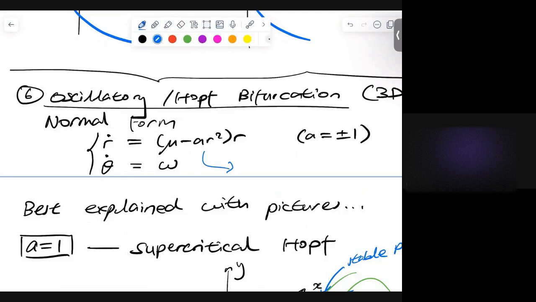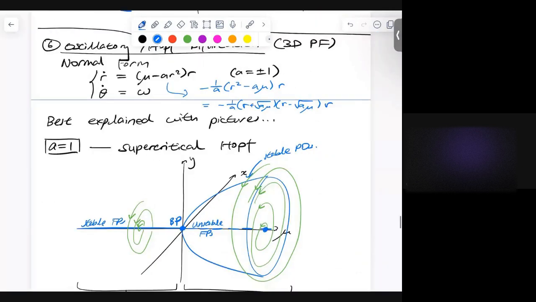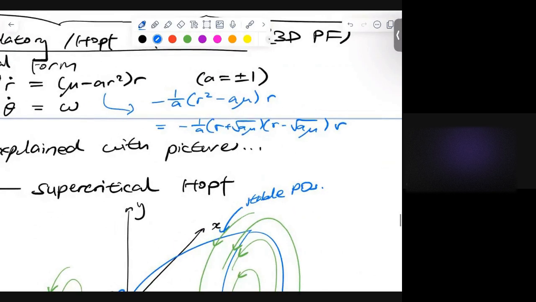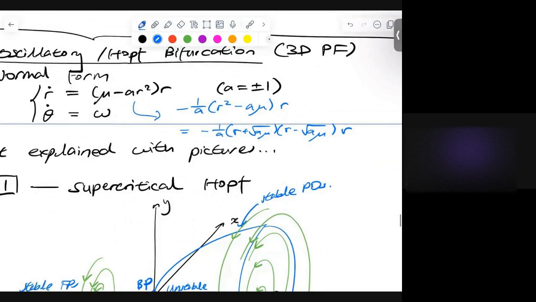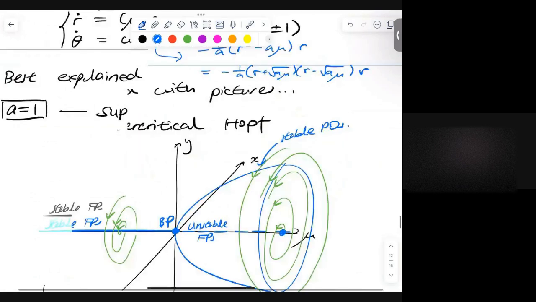So I think it's minus 1 over a r squared minus a mu r, which is minus 1 over a, r plus root a mu, r minus root a mu. Yeah, so this tells us r dot. So if mu is less than 0 here, sorry, where are we adding mu? Oh, sorry, never mind, it's in r dot.